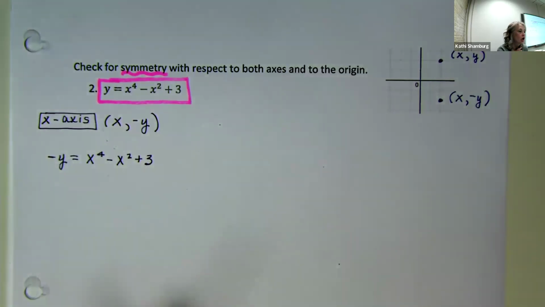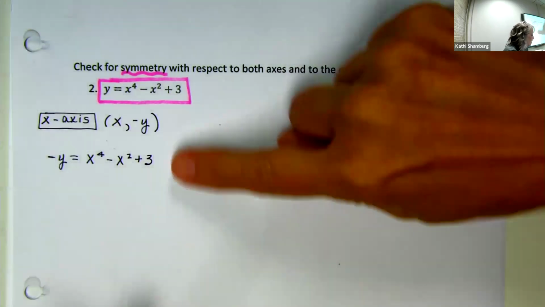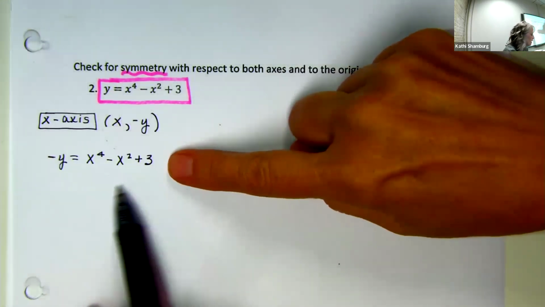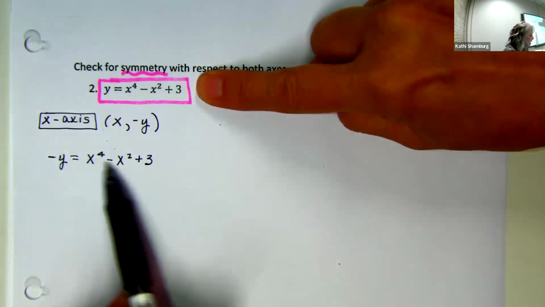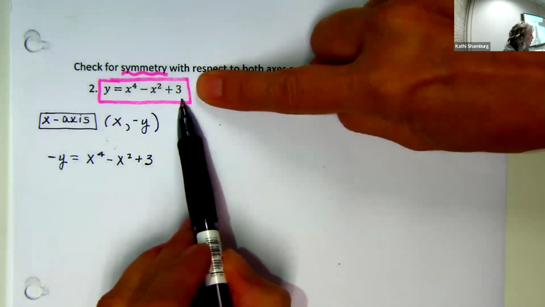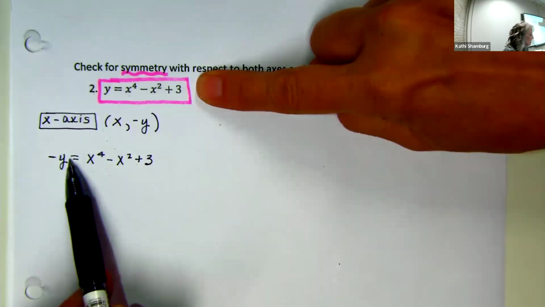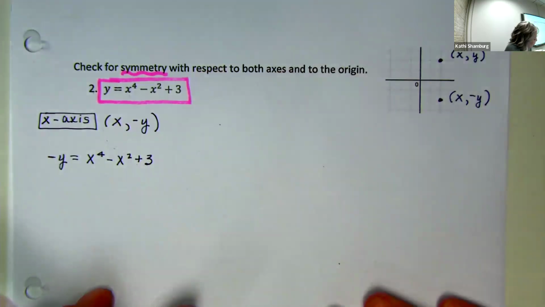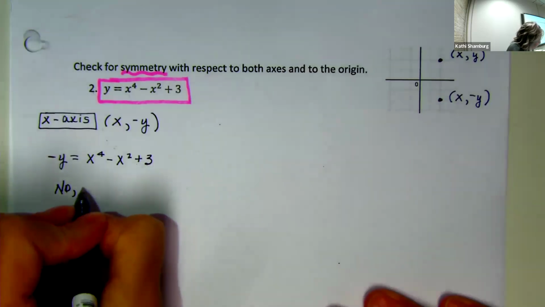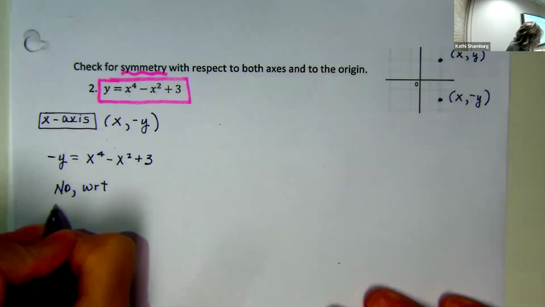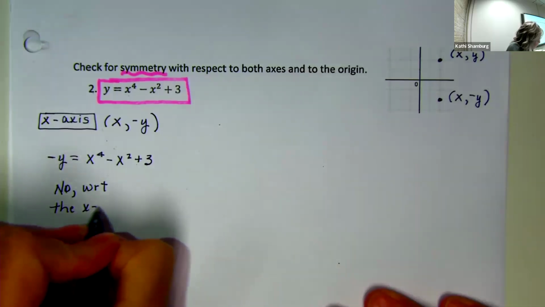To determine if there is symmetry with respect to the x-axis, you want this equation that you just substituted in to look exactly like this equation. On the right side, that is exact. But notice this is not exactly the same. Therefore, my answer would be no, there is not symmetry with respect to the x-axis.